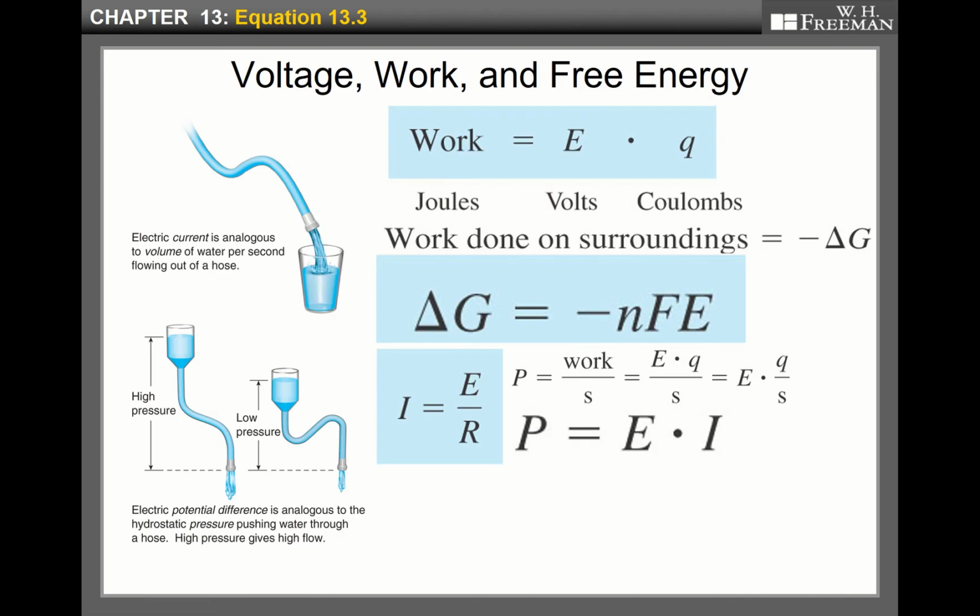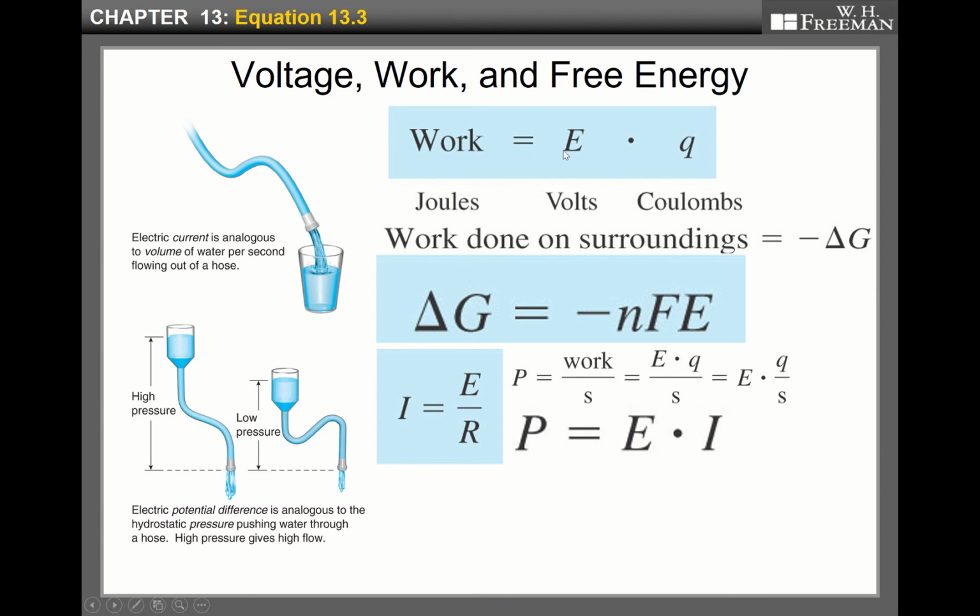But in electrochemistry, not only the current, but there are other quantities we have to be concerned about: the voltage, work, and free energy. What is the work? Work is the same as energy, so the unit is joule. Notice these relations are so important.